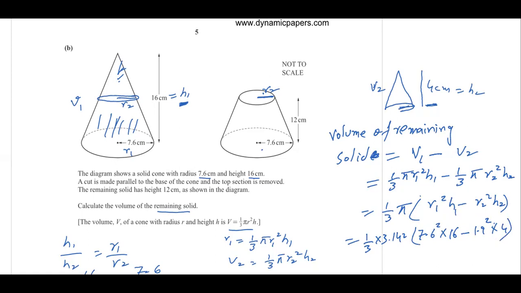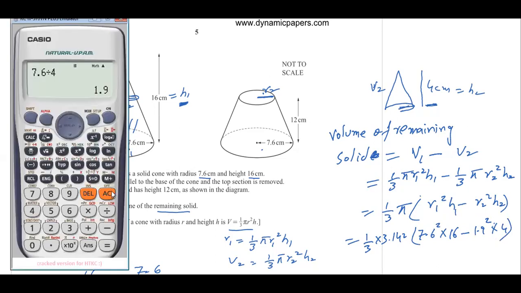So calculate this one. I will have 1 over 3 multiplied by 3.142 into 7.6 squared multiplied by 16 minus 1.9 squared multiplied by 4.